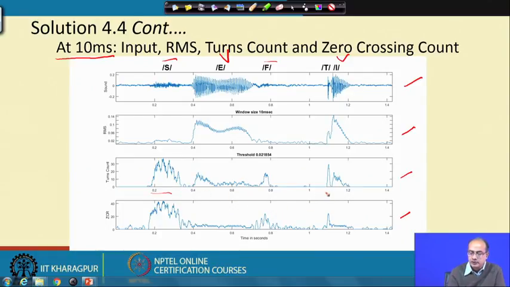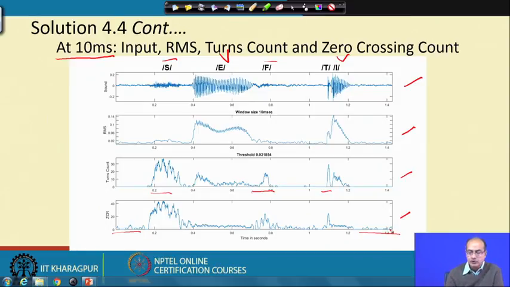Those parts where the zero crossing rate is higher, the same nature we get in turns count, which is also higher. The turns count follows the same nature as the zero crossing rate, with a difference. The difference is that when we are supposed to get silence, the zero crossing rate still gives some value here.